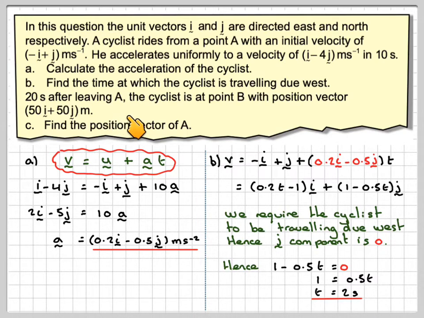Then, 20 seconds after leaving A, the cyclist is at point B with position vector 50i + 50j meters. Find the position vector of A. What we're going to do is find the vector AB or BA.